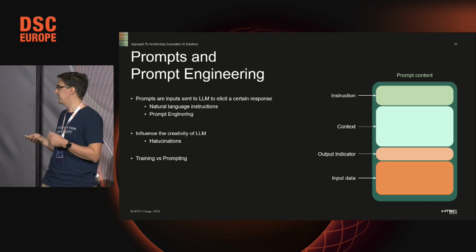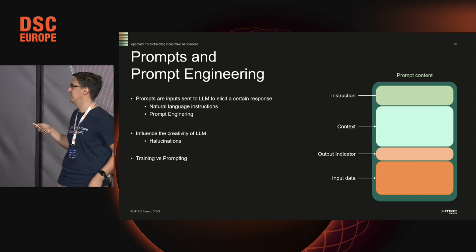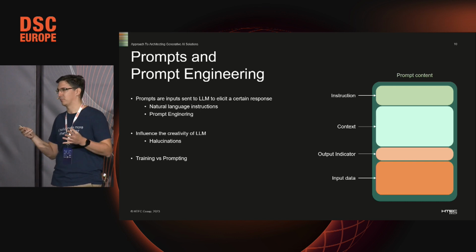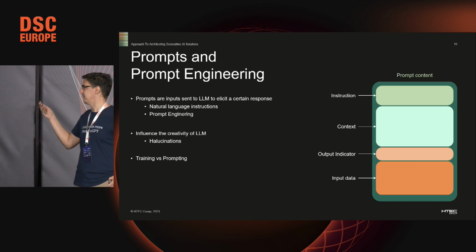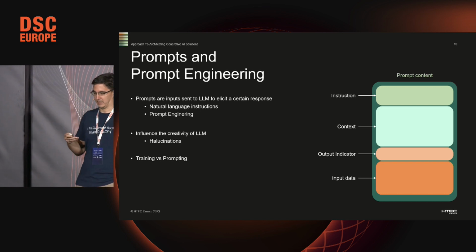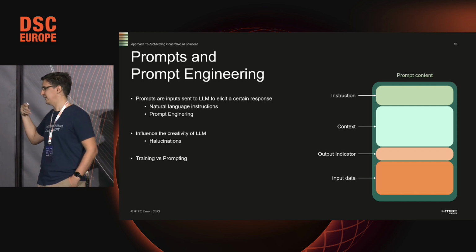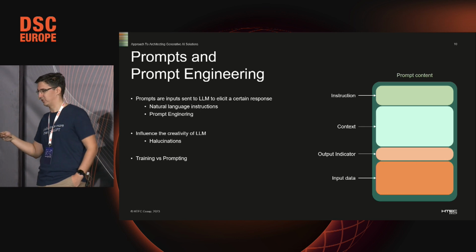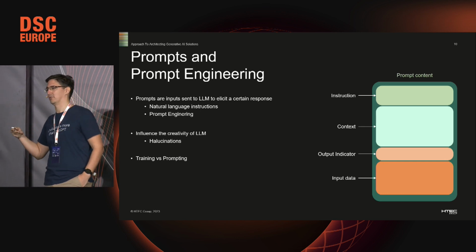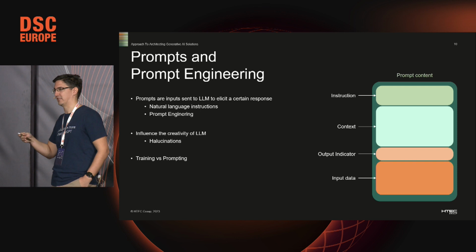And you can see here that one prompt can contain several key components, but they can be omitted or not depending on the use case. An instruction is something that, for example, if you're building a simple chatbot, you can provide it with the information that this is a simple chatbot that needs to answer a user's queries. That can be an instruction.